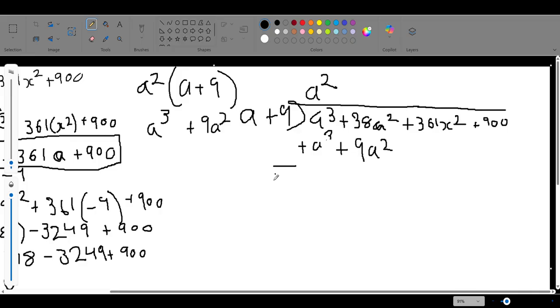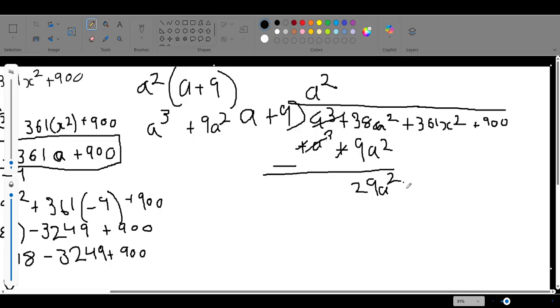Okay, and negative here. So a cubed, these signs would cancel out, and this would just be negative. A cubed minus a cubed gives you 0, so these two cancel out. 38a squared minus 9a squared gives you 29a squared.